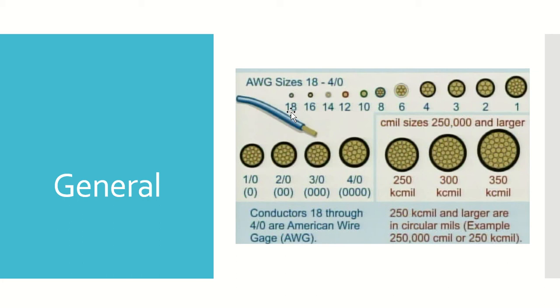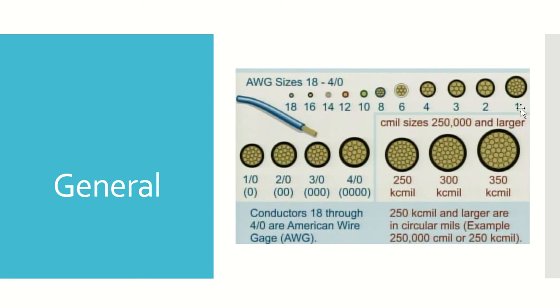And you can see as I begin to go down that scale in your code book, 18 to 16 to 14 to 12 to 10, you can see the actual conductor size gets a little bit larger, a little bit larger, a little bit larger, all the way until we get down to 1.